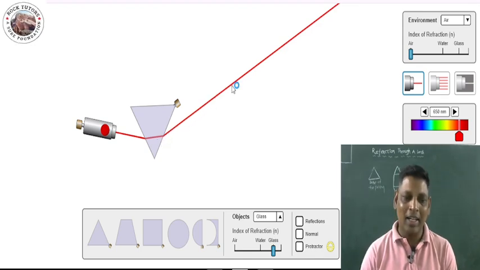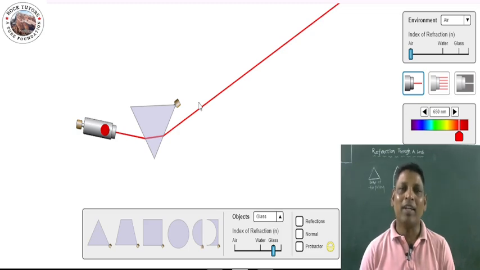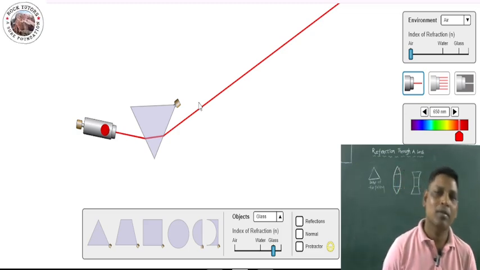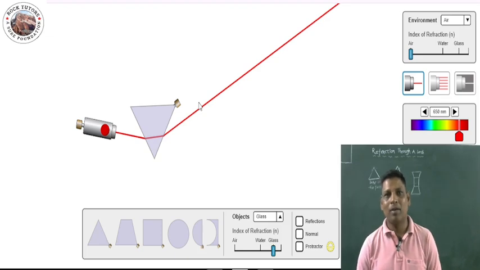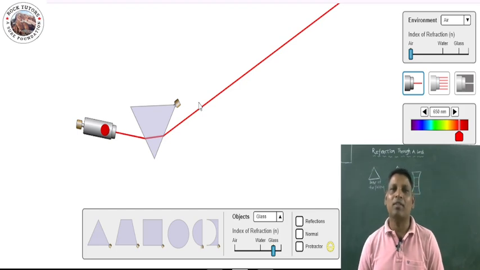We can see that this emergent ray is bent towards the base. It is clear. So when light passes through the prism, after refraction it bends towards the base of the prism.